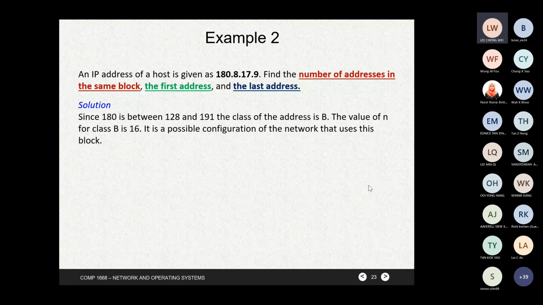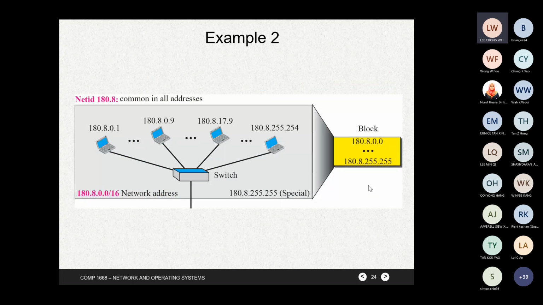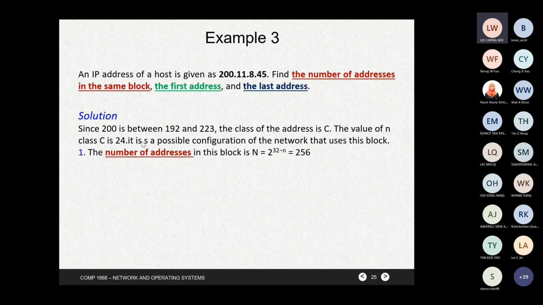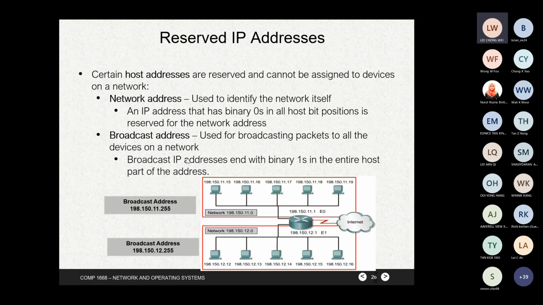Example 2. Yeah, another example of class B. Yeah, because it starts with 180. 180, you know, it's class B. Another example, class C. It starts from 192, so class C. The range is 192 to something, isn't it?